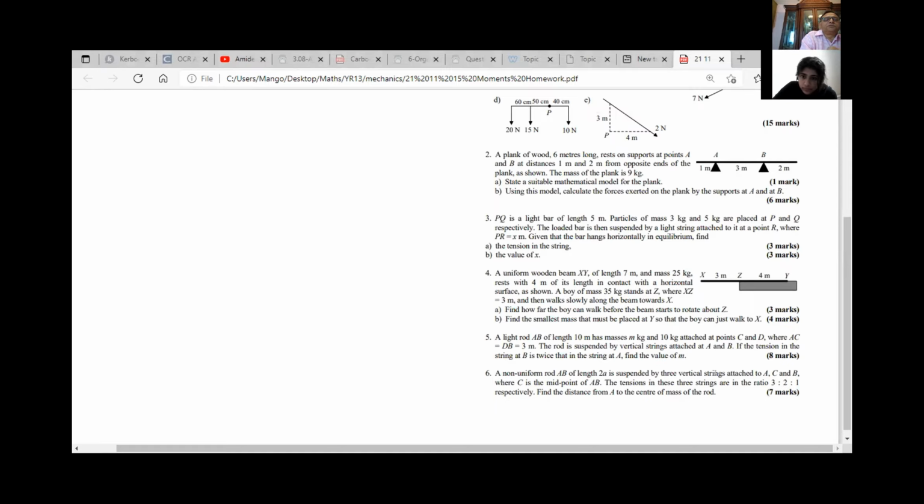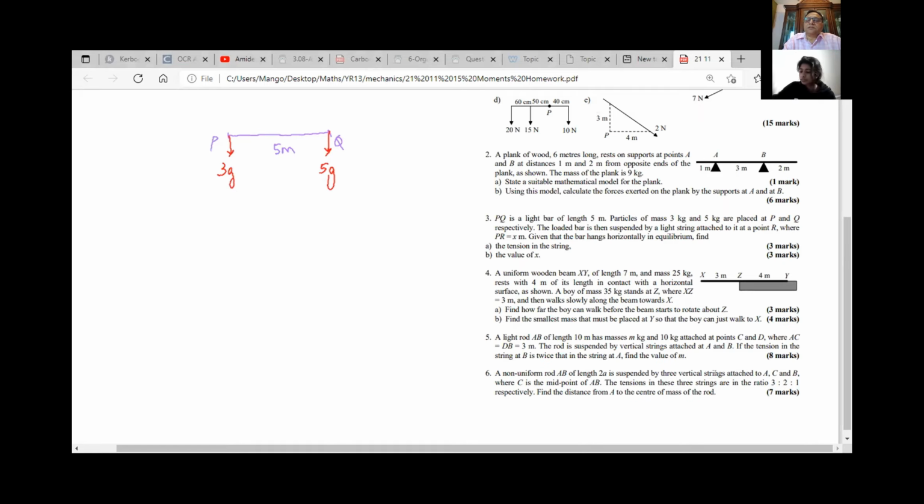So let's draw the diagram first. Let's say this is our light bar, which is 5 meters in length, and this is PQ. Particles of mass 3 and 5 kg are placed here, so we'll write 3g and 5g newtons at P and Q respectively.